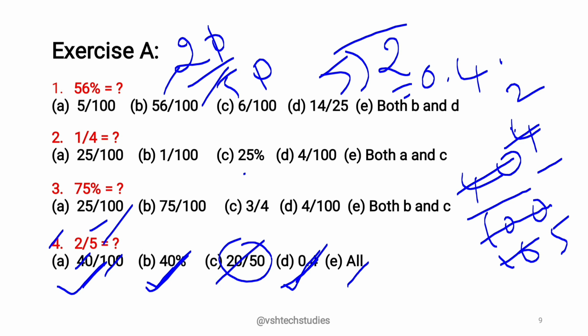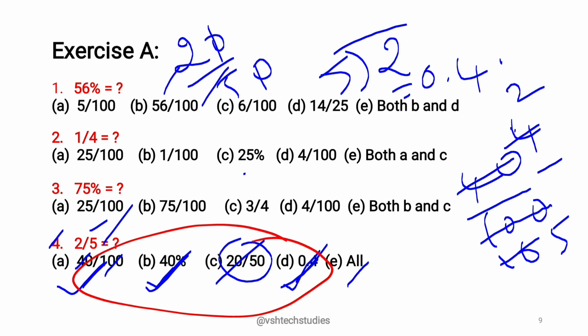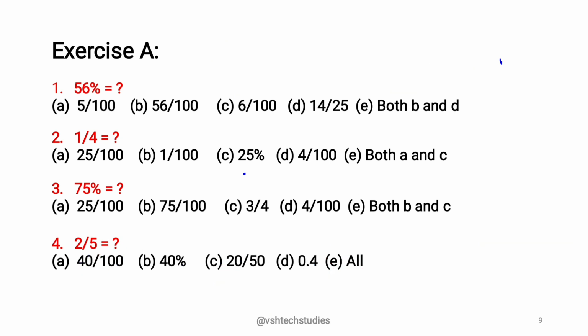So 20 by 50 is also equivalent to 2 by 5. Since all the options are equal to 2 by 5, we have to choose option E. So in the first problem both B and D, in second one both A and C, in third one both B and C, and in fourth one all these options are correct. Okay.